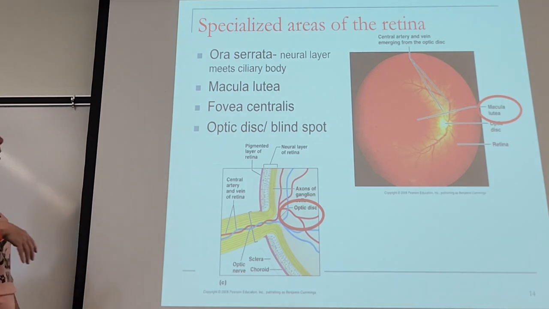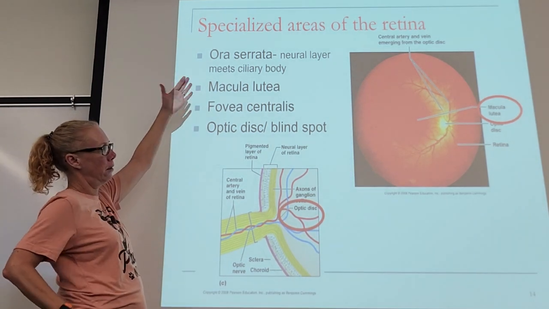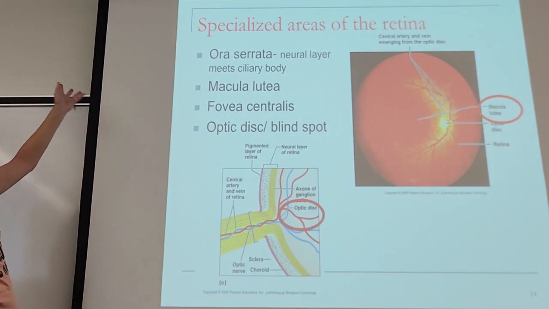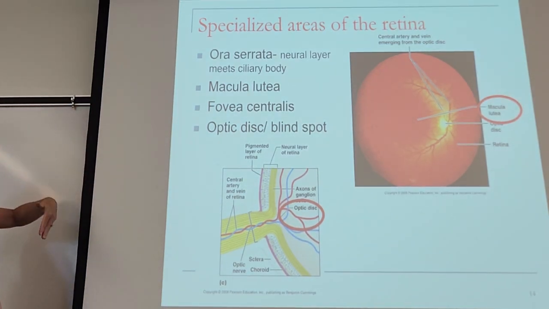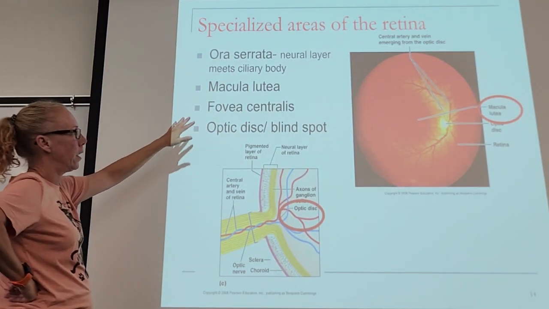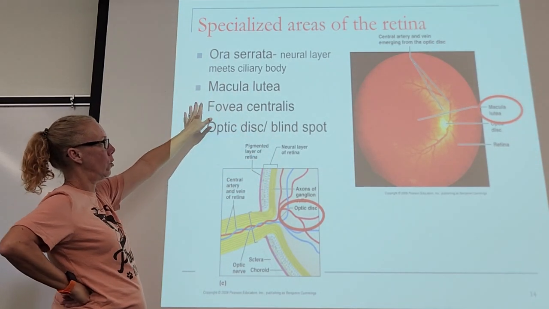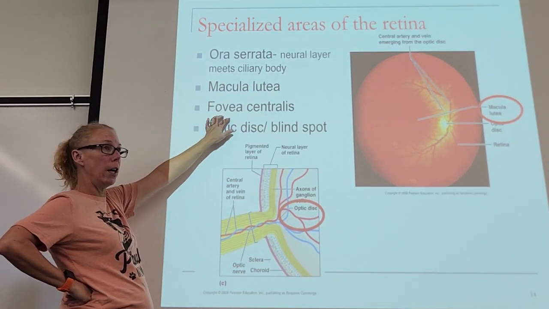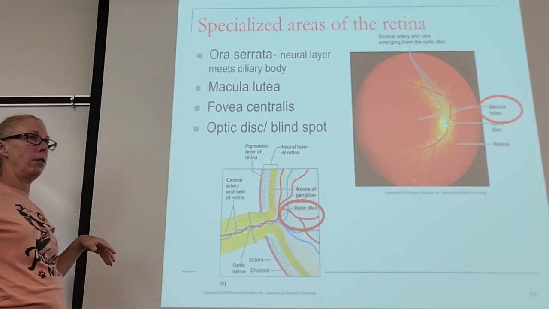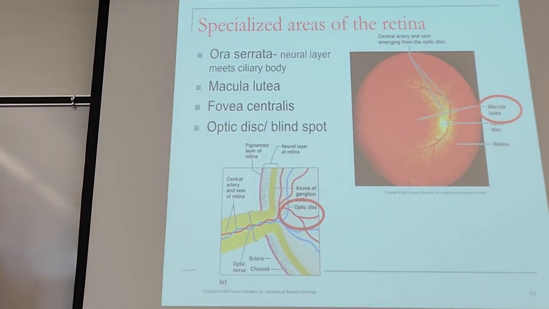Okay. Ora serrata we've already covered. We know it's basically the outer boundary of the ciliary body. The macula lutea is a region in the eyeball, which is where you guys were looking for what I mentioned, the fovea centralis, which is the area of most acute vision, okay?